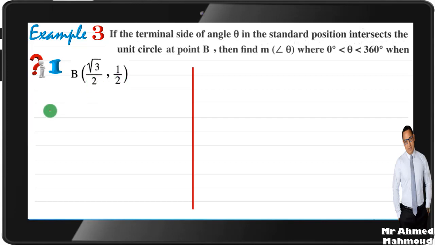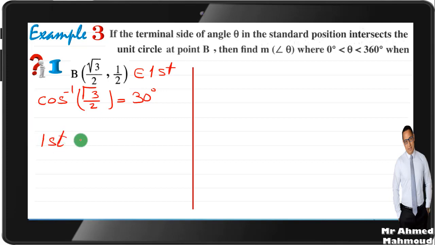I will choose one of them to find the angle, so I will start with cosine. Shift cosine root 3 over 2, which equals 30 degrees.